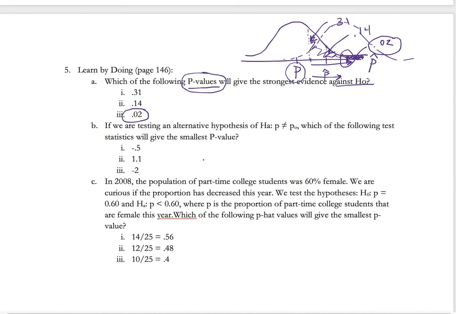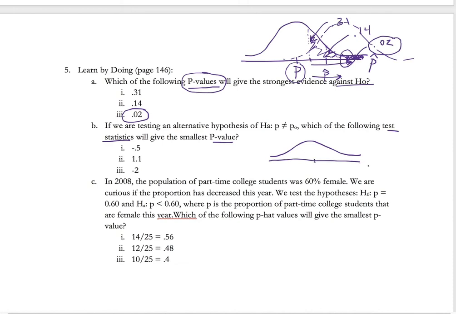Okay, let's look at part B. If we are testing an alternative hypothesis, HA, p does not equal some number. Frankly, for this question, it doesn't matter what the alternative hypothesis is. Which of the following test statistics will give the smallest p-value?